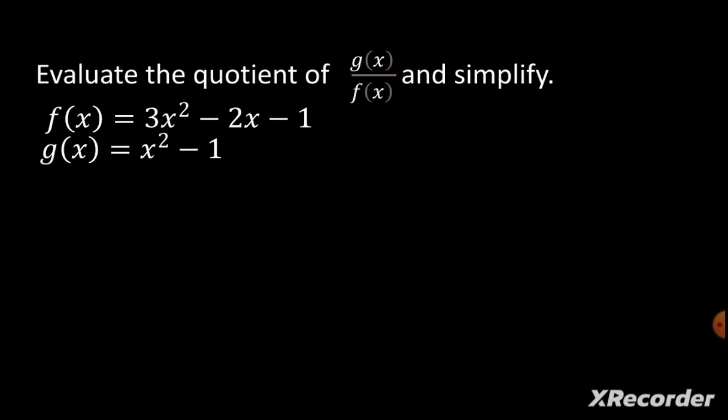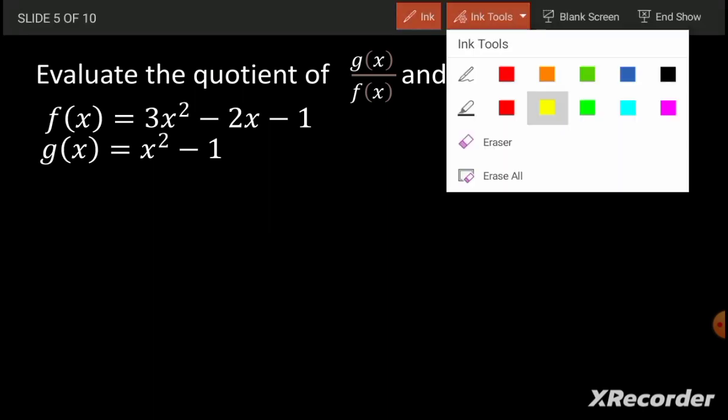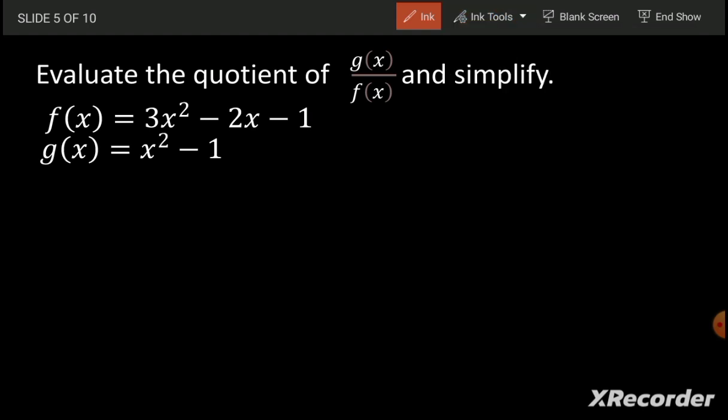Okay, for this next question, evaluate the quotient of g of x over f of x and simplify. So this operation or this expression implies division.